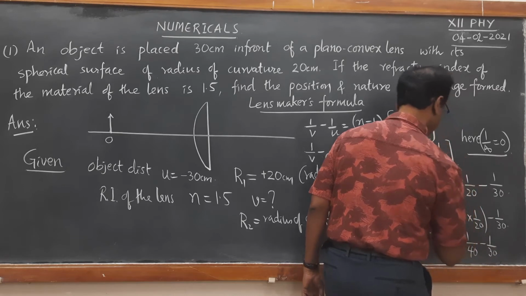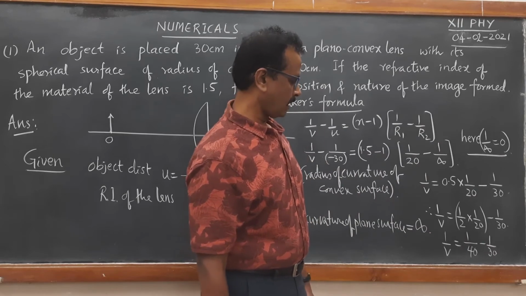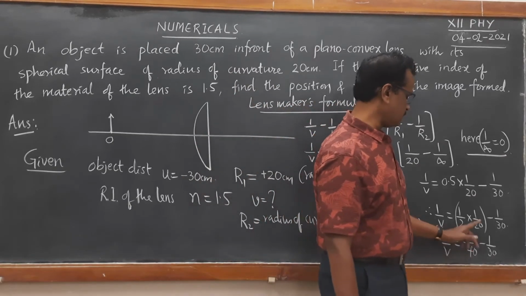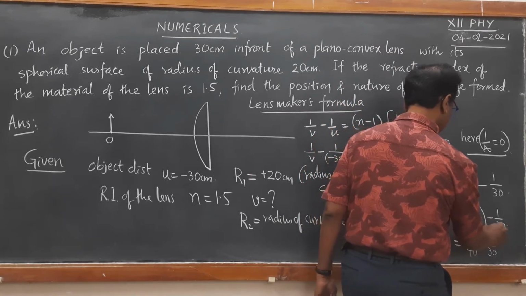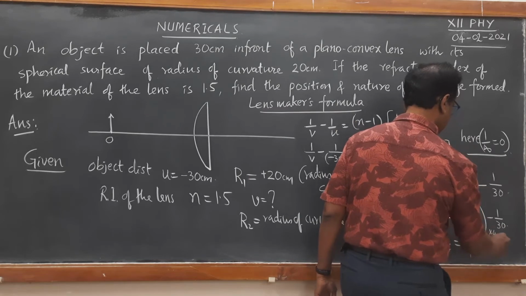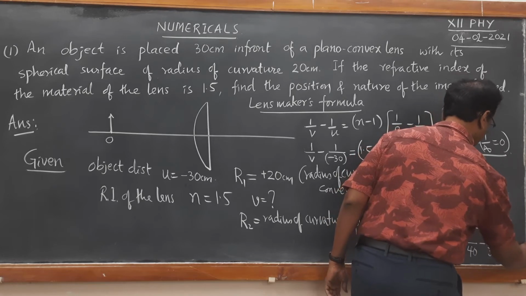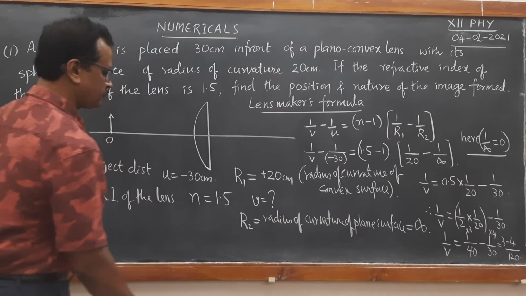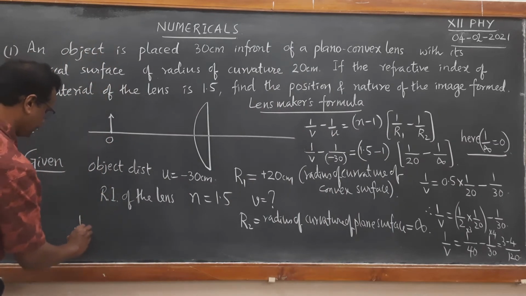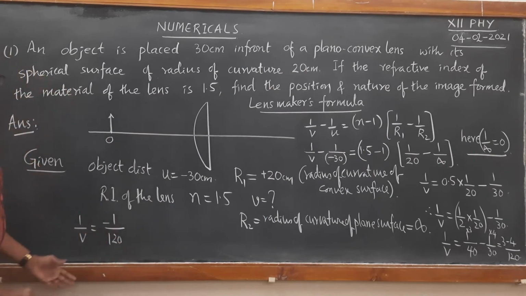The LCM is going to be 120. 3 times 40 is 120, 4 times 30 is 120. So it becomes (3 − 4)/120. That's how we finally get 1/v = −1/120.